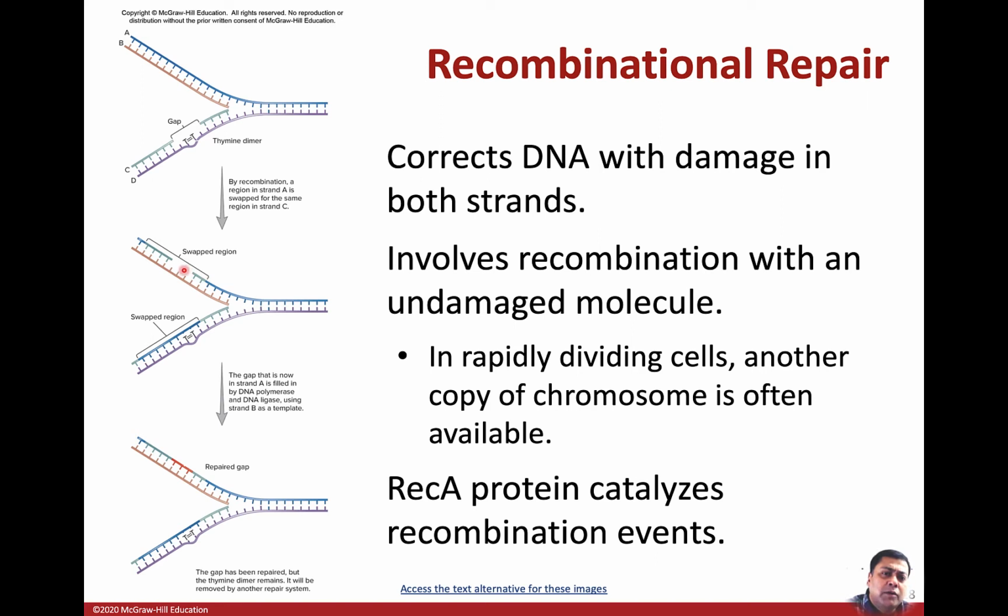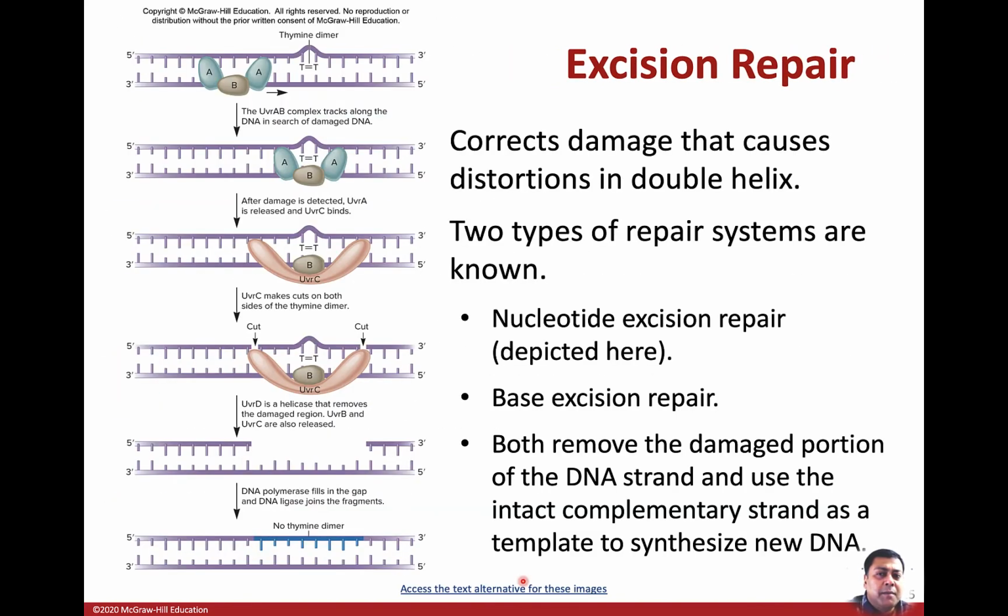DNA polymerase 1 will repair this gap, and DNA ligase will seal this gap. Whereas here you are seeing that there will be two A's corresponding to the thymine. Now remember that there are other proteins, right here. Remember that this is the excision repair, where you have this UvrABC system.